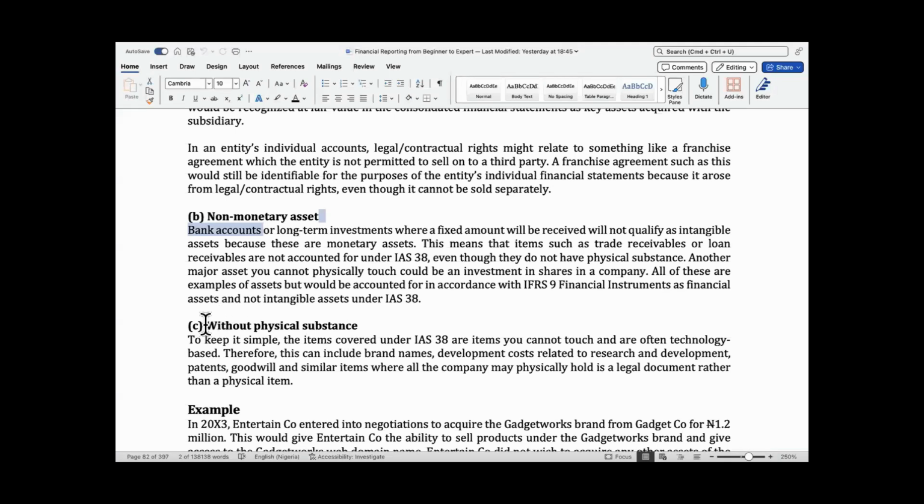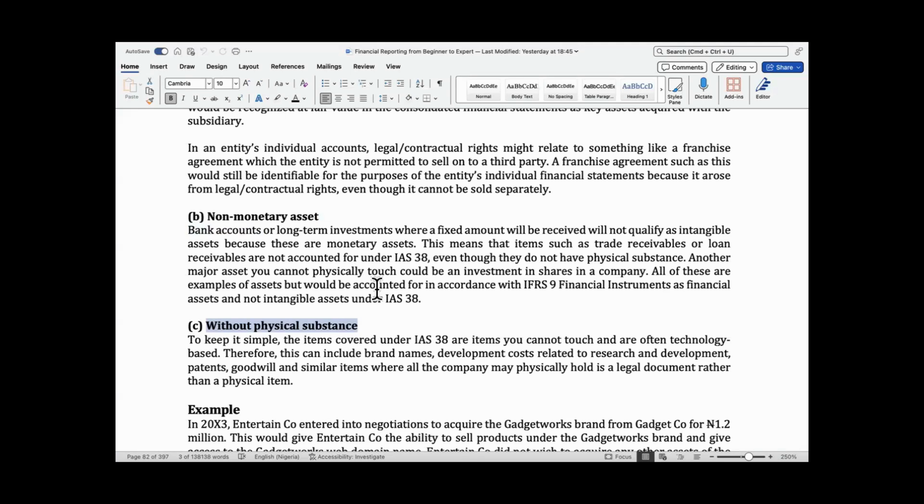And finally, an intangible asset must be without physical substance. It must be something that you cannot touch, you cannot see, and you find that they are mostly technology-based items, at least in the world that we are in today.